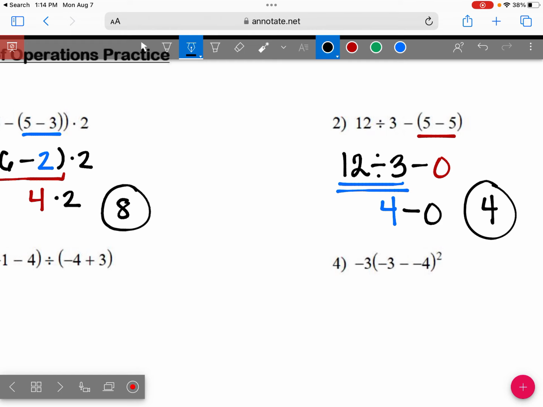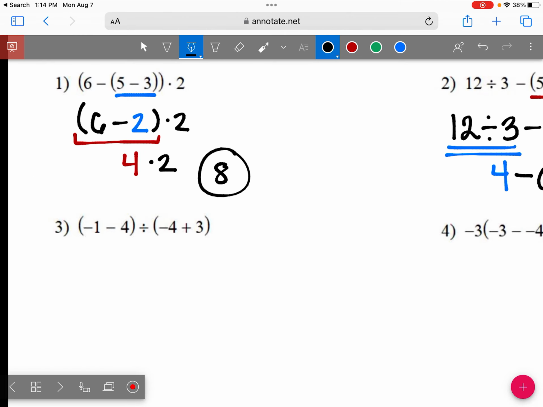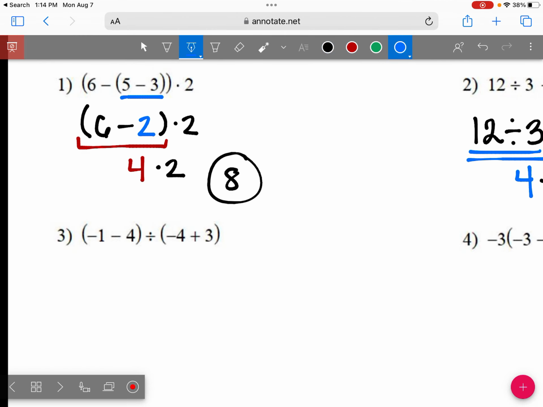So you're going to do what's inside of the parentheses first and then divide your 2 numbers. That's okay. All right, so we have negative 1 minus 4, which would be what?